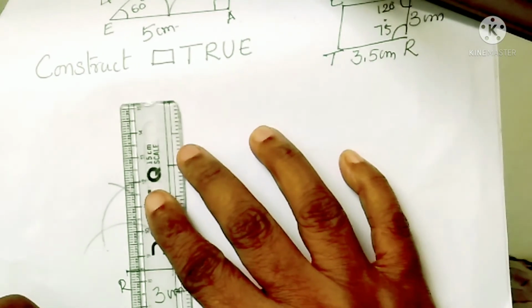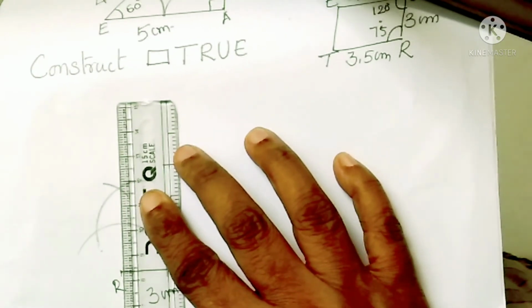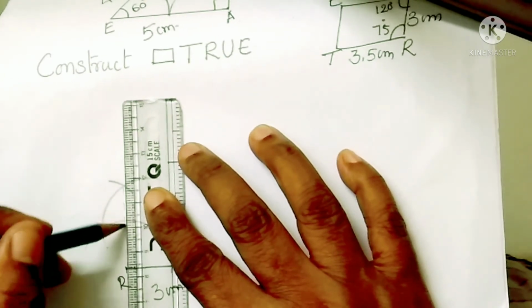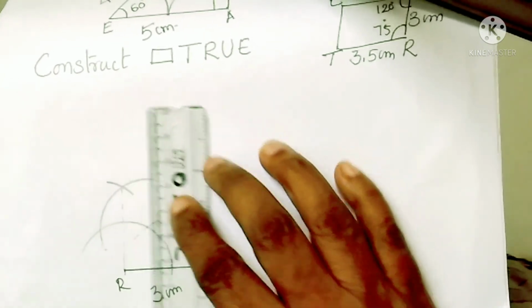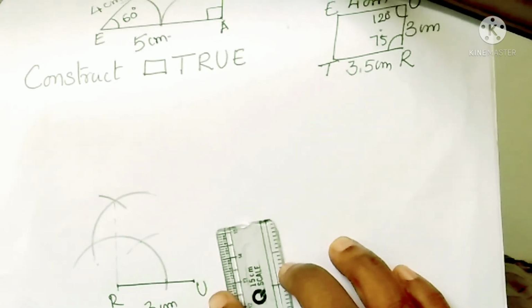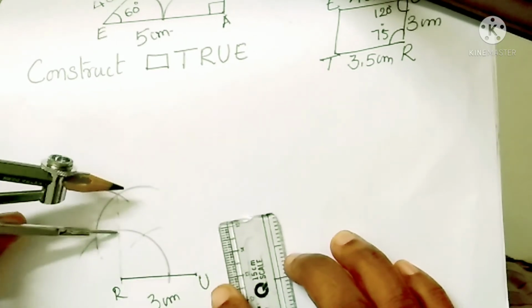So with 90 degree, usually what we do, we draw dotted lines. And then 60 and in between 60 and 90, here you have to bisect again.